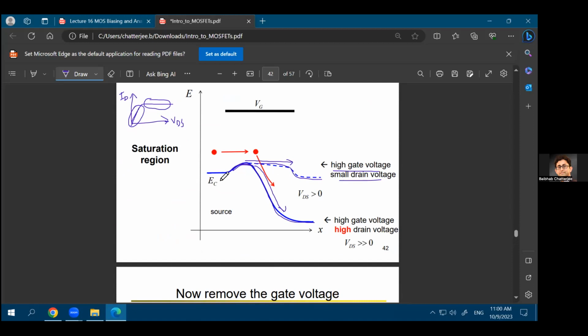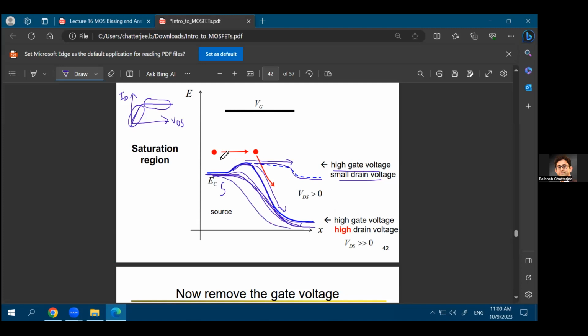as you're applying higher and higher VDS, at some point, your energy band diagram would start looking like this. You'll have your source region, your channel would be at the same energy as your source region, but the drain will be at a much lower energy. Now, in this case, even if you're applying higher and higher VDS, let's say you have applied a VDS for which the energy band diagram looks like this, versus you are applying more VDS for which the energy band diagram looks like that.